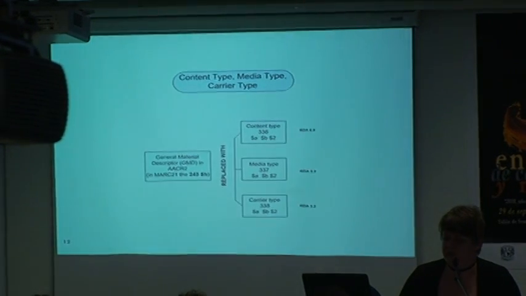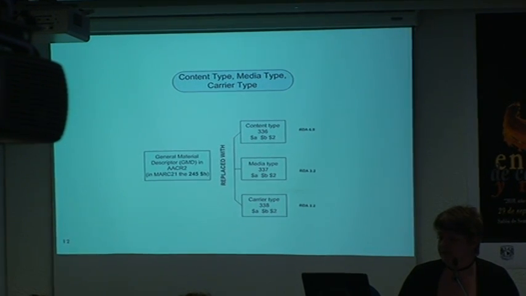So this is just a quick flow chart. I don't know how well you can see it, that I used just to show how these three fields are replacing the one subfield that was in the 245 subfield H, the title field. I don't know if you want me to go into detail on that, but it allows you to do a lot more coding.